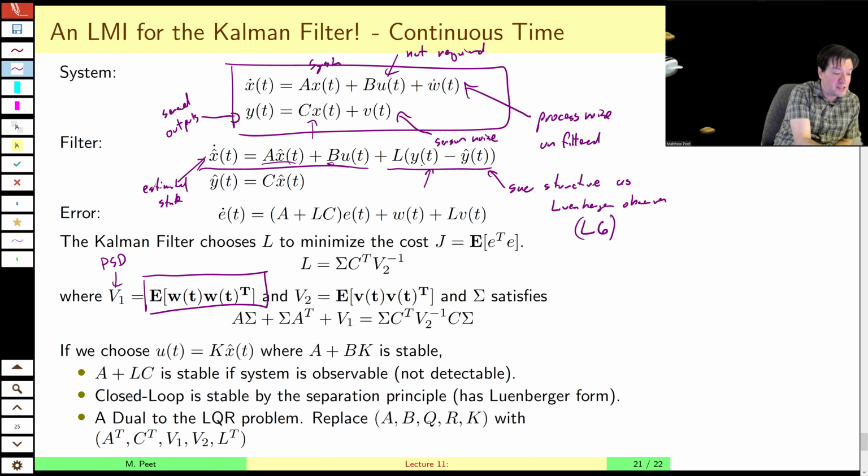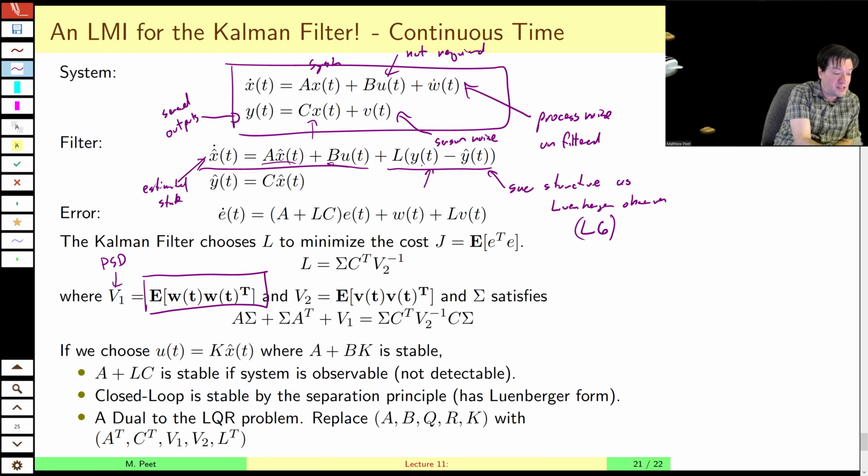You get these dynamics here. Same as we saw for the Leuenberger observer, A plus LC, but now we have exogenous inputs. This is different than we saw earlier. New terms: how the exogenous input affects these terms.